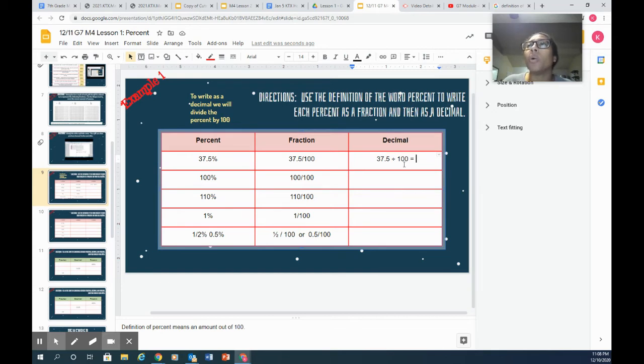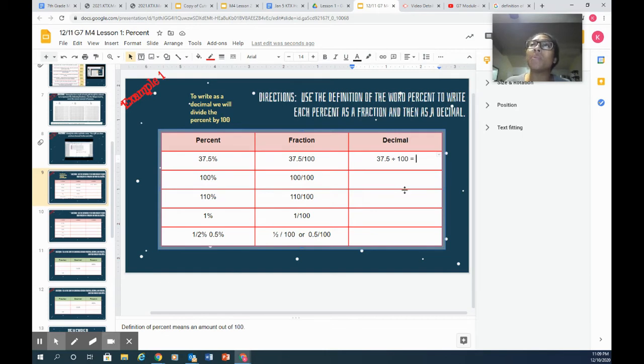So since we're dividing by 100, we are going to have two shifts. So our digits are shifting twice. You'll see some of these digits move to the other side of the decimal since we're shifting two place values lower.